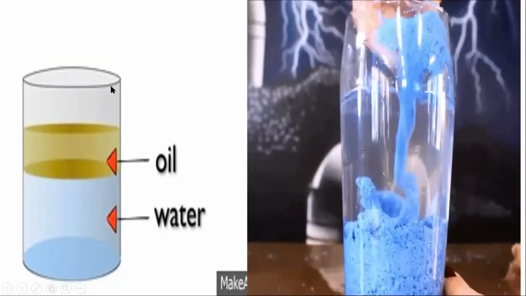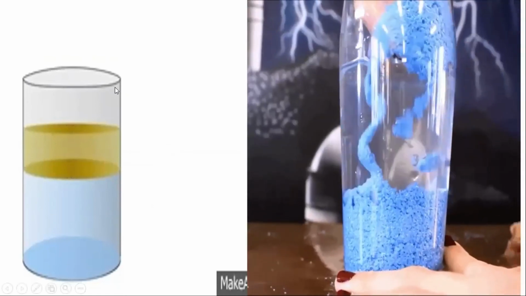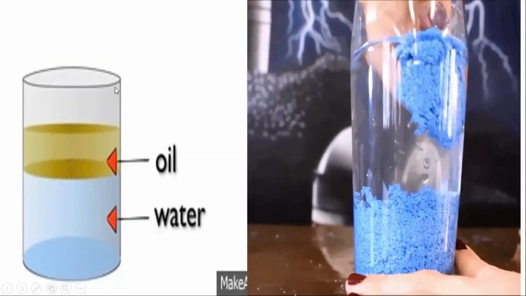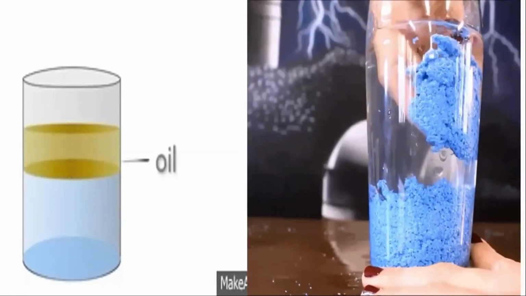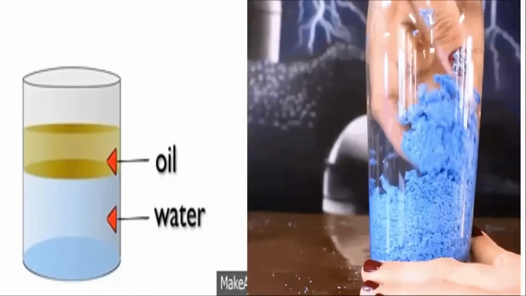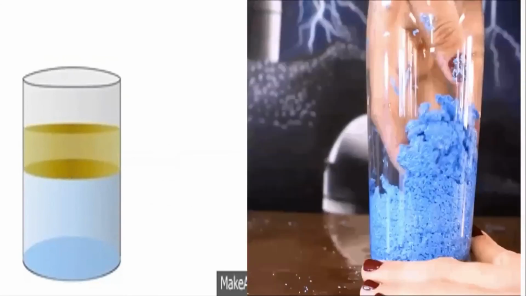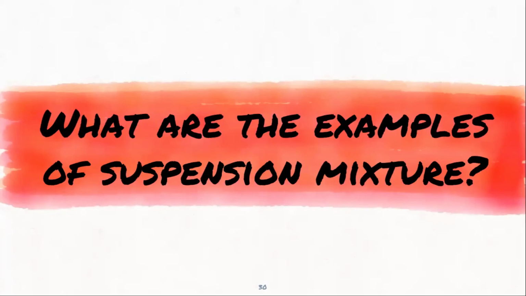Like soil, you add it to water, the soil will settle at the bottom of the container. Even the blood: red blood cells will settle at the bottom of the container after the centrifuge process.